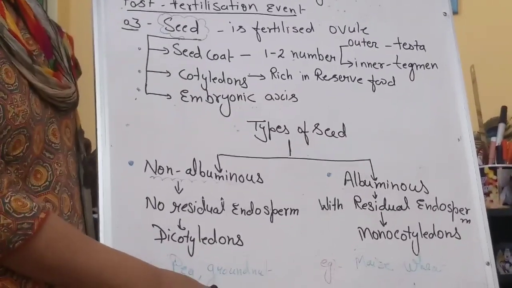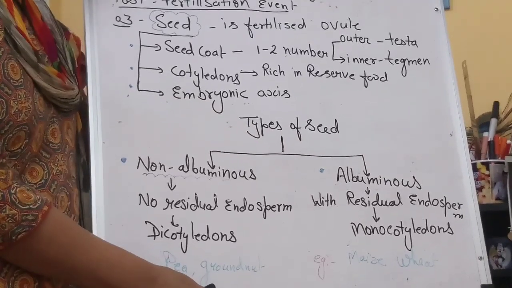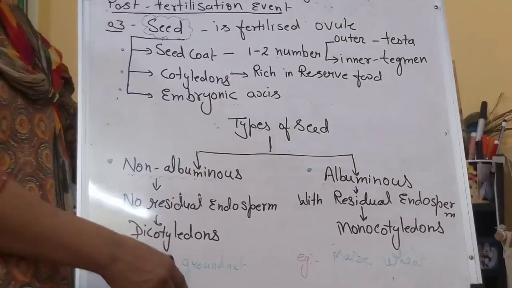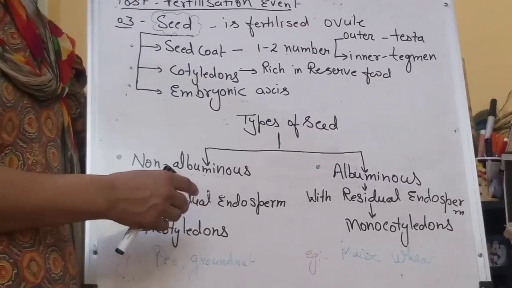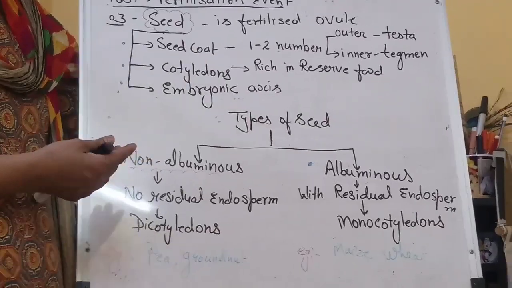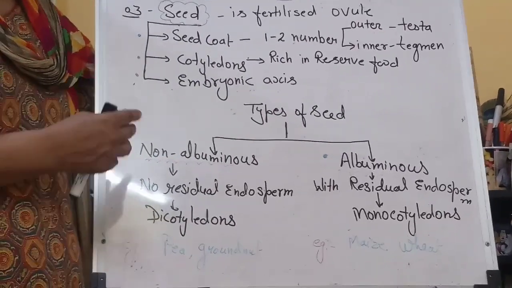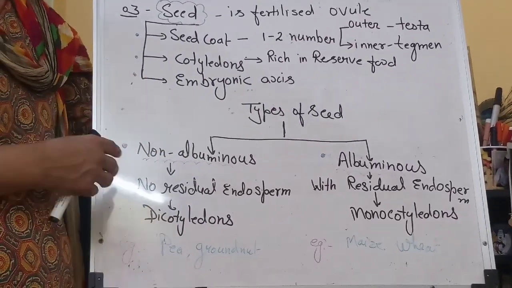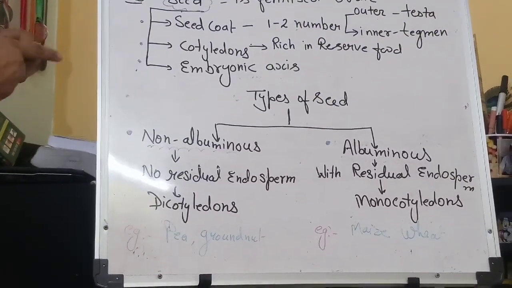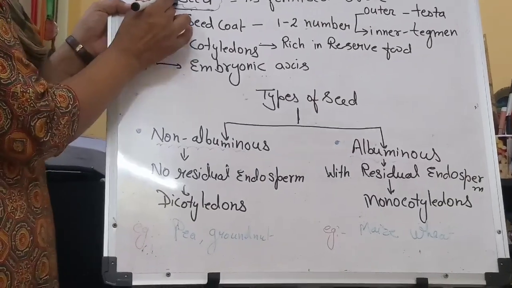Nuclear endosperm, which we can see in a coconut. Next, we studied embryo development in dicotyledon, with the basal, apical, globular shape and all. Now the third main event in post-fertilization is seed formation.